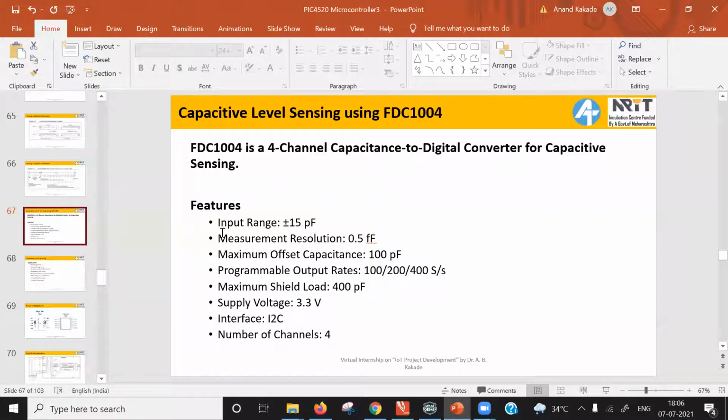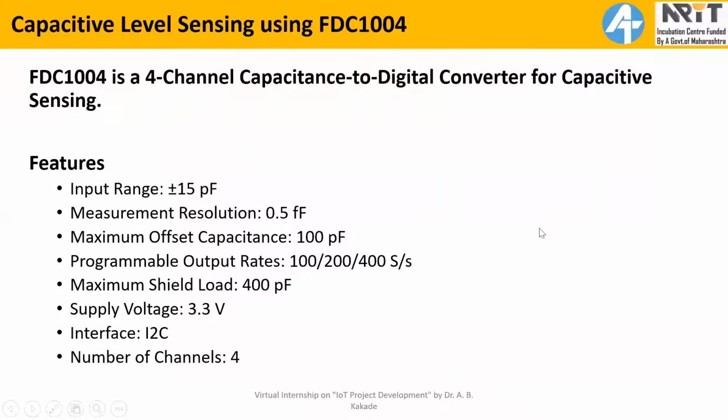So let me recap a few things. Its input range is up to 15 picofarad. Its measurement resolution is really excellent. It is 0.5 femtofarad. We can remove maximum offset capacitance up to 100 picofarad. The sensor itself has some capacitance, and the sensor may be connected to FDC1004 IC using a cable.